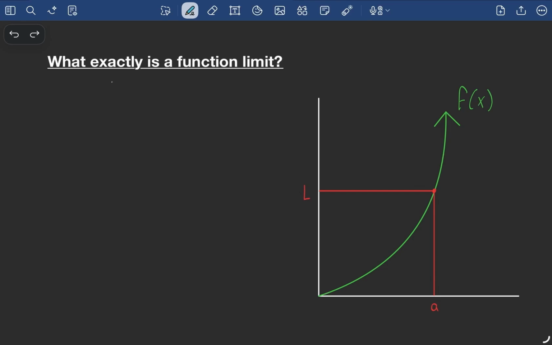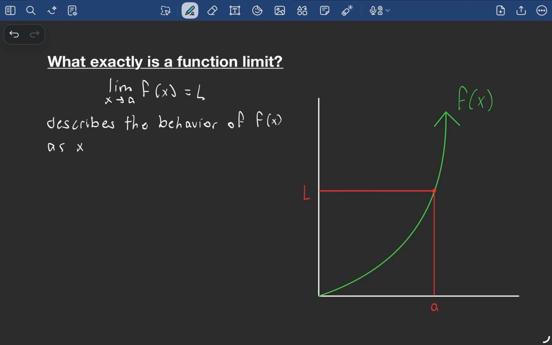Basically, a function limit, denoted the limit as x approaches a of f of x equals L, describes the behavior of the function f of x as x gets really close to a.